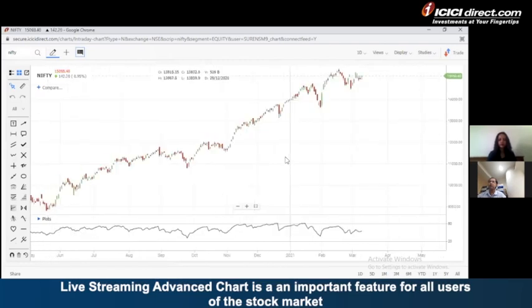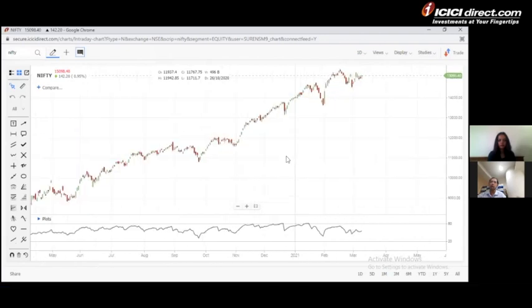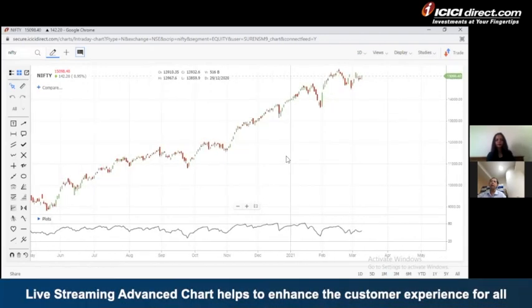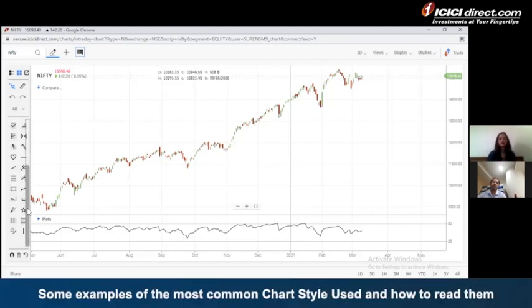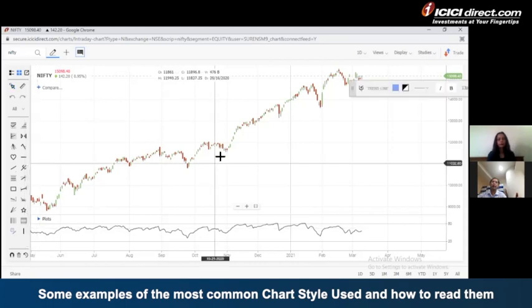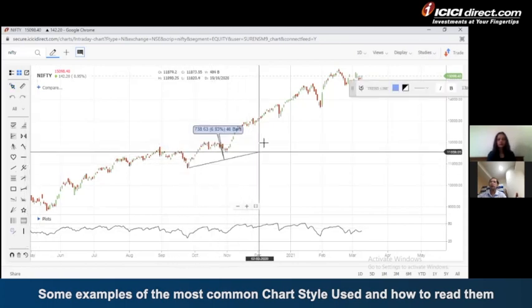As I said, trend lines are one of the most common tools which we use every day. Whenever the price approaches the trend line, you should look at buying, and whenever it approaches the resistance line, it is a sell. Suppose I draw this trend line.